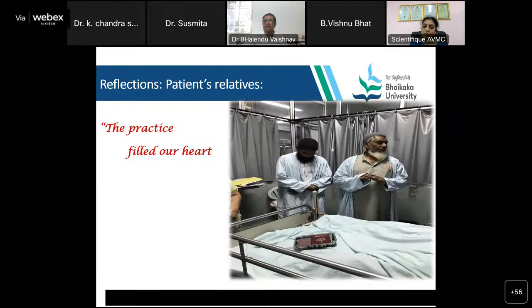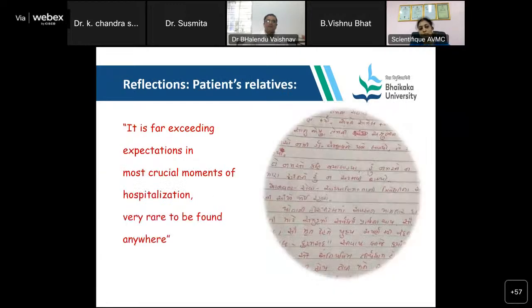Now we come to the reflections. What were the patients' and other healthcare professionals' reflections? The relatives felt that the practice filled our heart with gratitude and eyes with tears. Somebody else wrote that it is far exceeding expectations in the most crucial moments of hospitalization. It is very rare to be found anywhere.